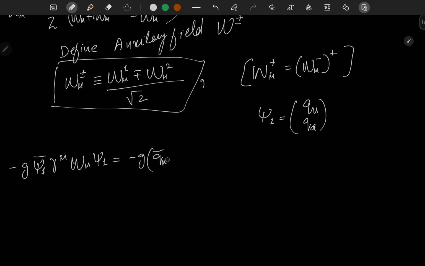Sorry, I keep writing mu u q down, gamma mu, and then W mu, which is a matrix of W3 mu and square root of 2 W mu minus, as we have defined it right here.